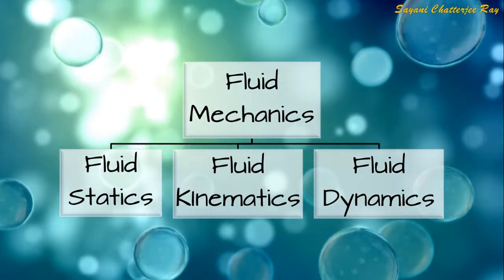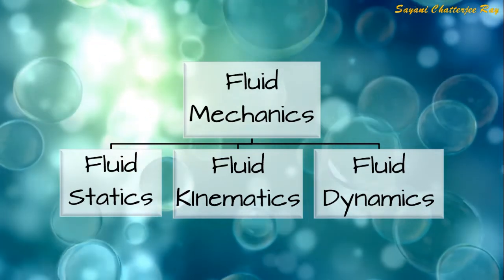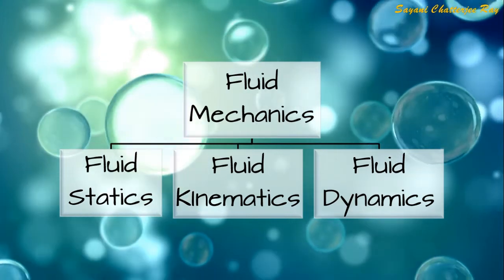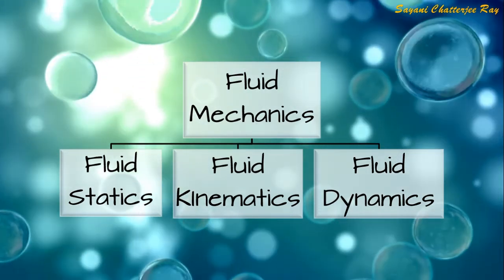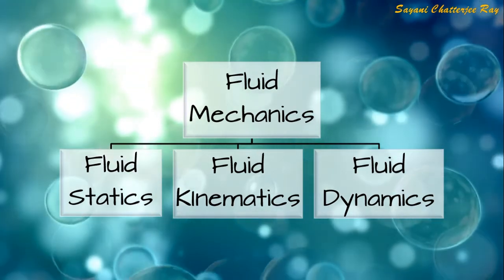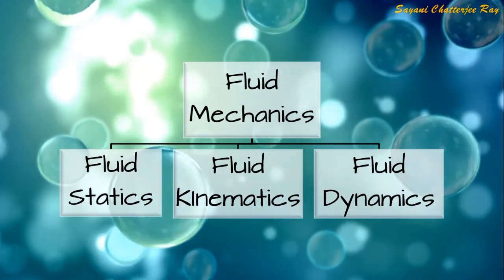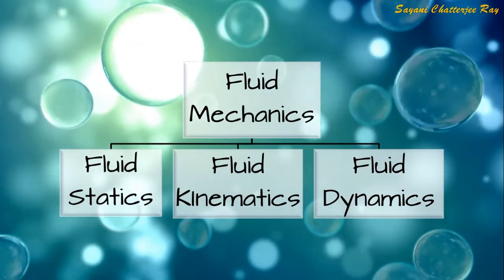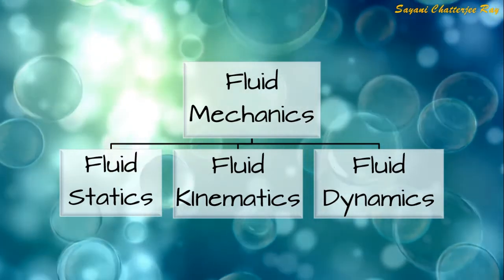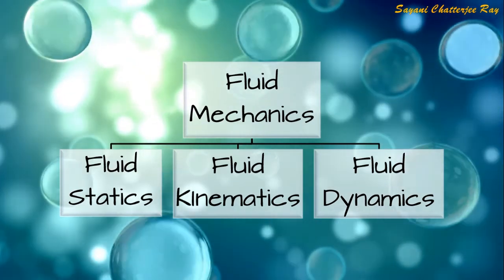Now, if we study the fluids which are in motion but the pressure forces are not at all considered, this is called fluid kinematics. And if the pressure forces are also considered for the fluids which are in motion, that branch of science is called fluid dynamics. So basically, fluid mechanics is classified into three types, that is fluid statics, fluid kinematics, and fluid dynamics.